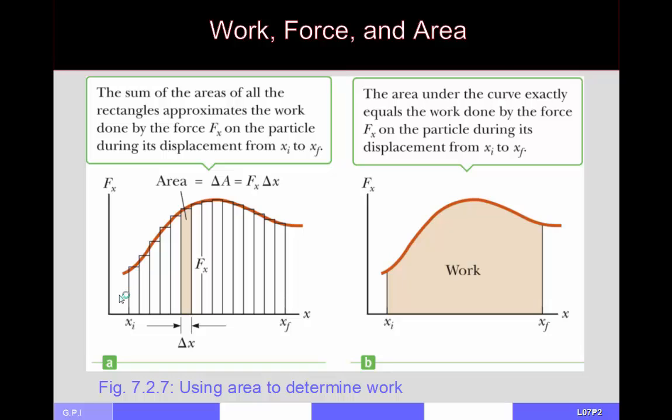So as an approximation, the area under this curve might be approximated as the area of each of these rectangles. If you add all those up, then you're basically adding up a bunch of little force times displacement. So you're adding up a bunch of little sections of work, so that should be equal to the total work.